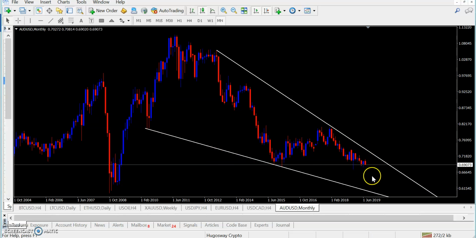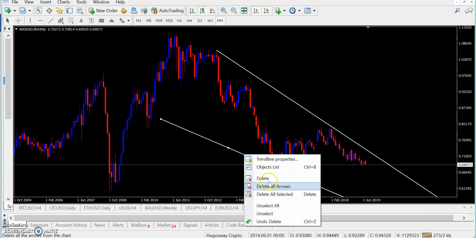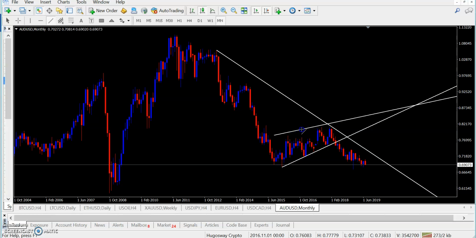So over time it can drop and rise. But as far as channel is concerned, it doesn't meet that expectation except for right here. This is the best spot where it meets the expectations of a channel.